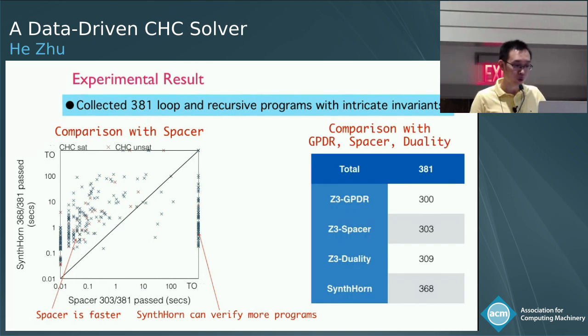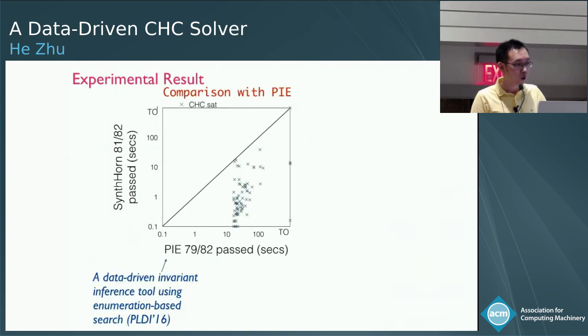We compare our tool with other popular CHC solvers and have observed a similar phenomena. That is, we are in general slower, but we can verify more programs. The timeout here is set to 360 seconds. We also compare our tool with Pi, which is a data-driven invariant inference tool using enumeration-based search in the unbounded linear arithmetic domain.